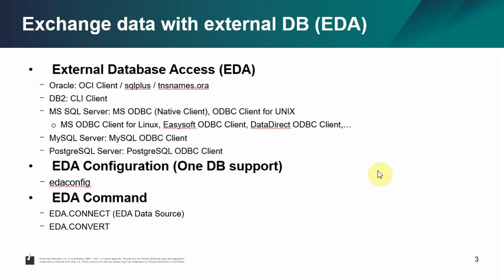When you're using EDA, you need to specify the configuration in the EDA config file. After you set it up correctly, you can use EDA Connect and EDA Convert to convert the U2 file to the remote database.